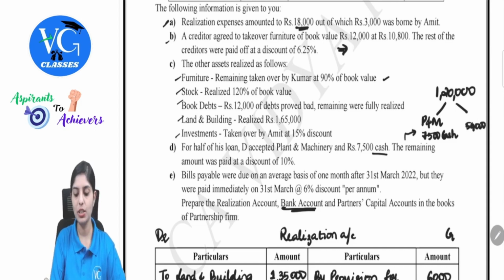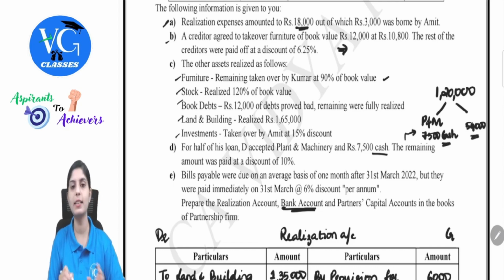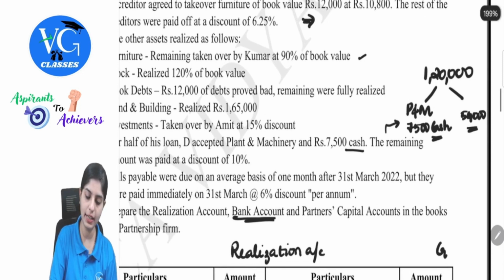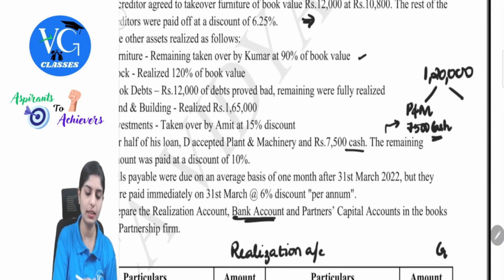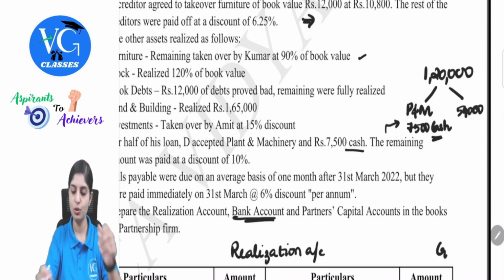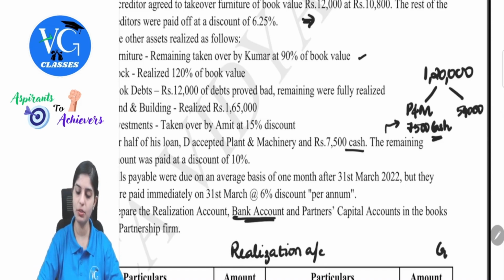Clear? So can we just pass one entry for this, since there is cash involved here and there is cash involved here also. 7,500 and then 54,000. 60,000 is nothing but the other half. If I take out 10%, the balance will be 54,000. So 54,000 plus 7,500 will be 61,500.